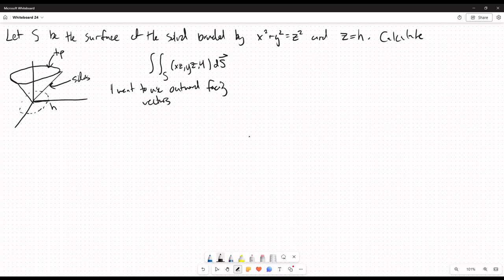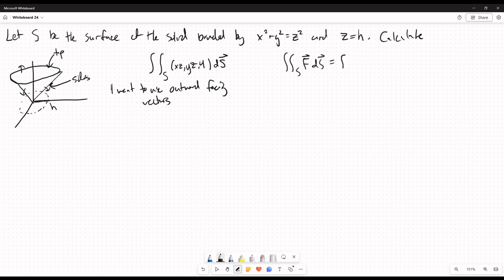So basically that means that my normal vectors will look like this, or maybe like this if we're on top. Something like that. And the formula for the vector surface integral of a vector field F dS, there's actually two formulas that we might be interested in.